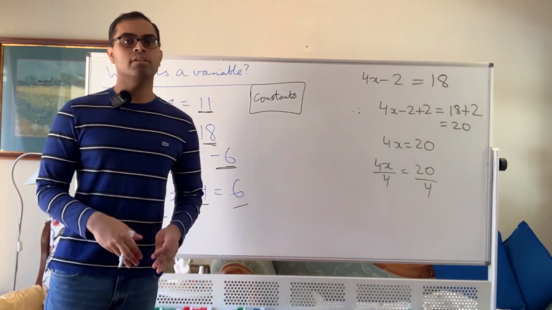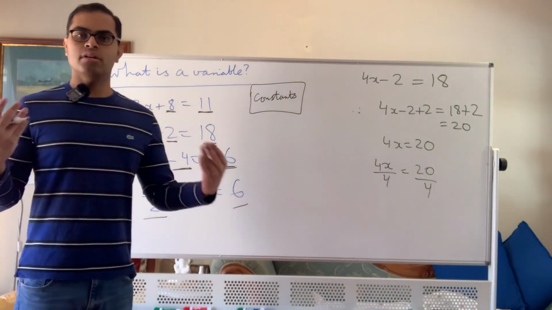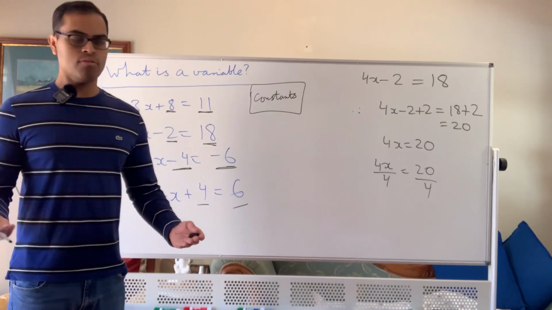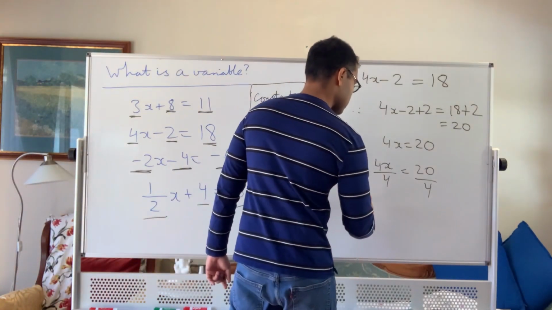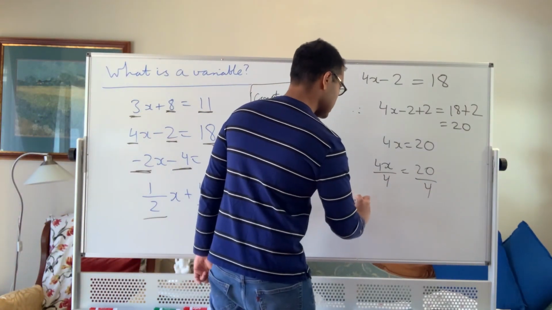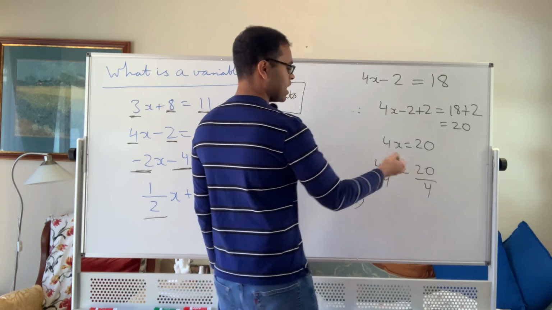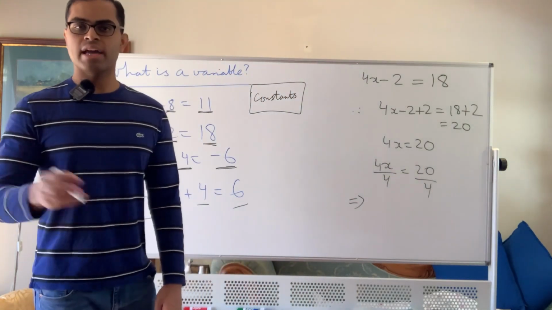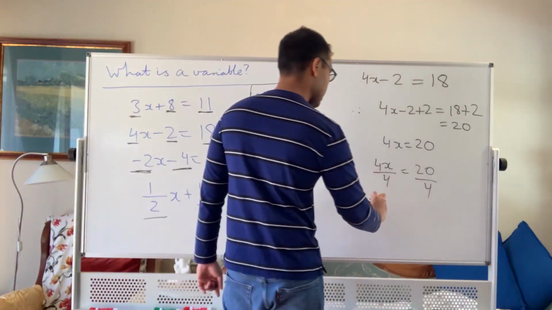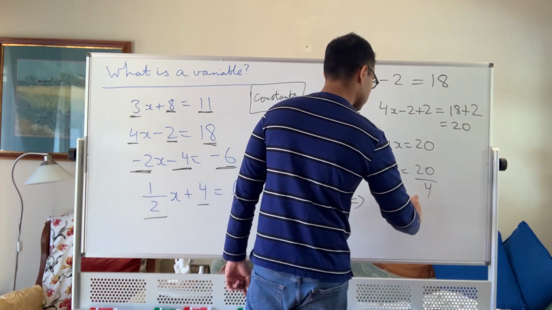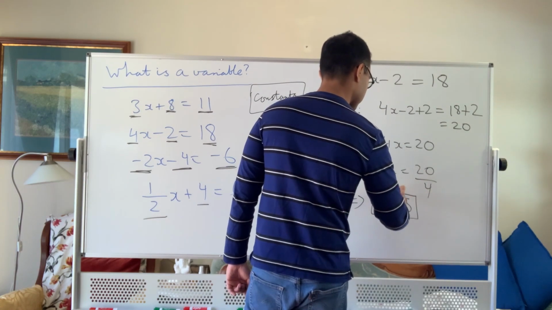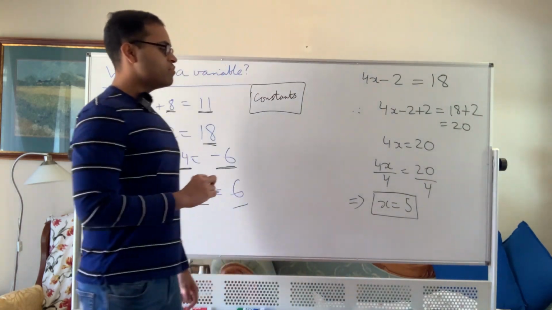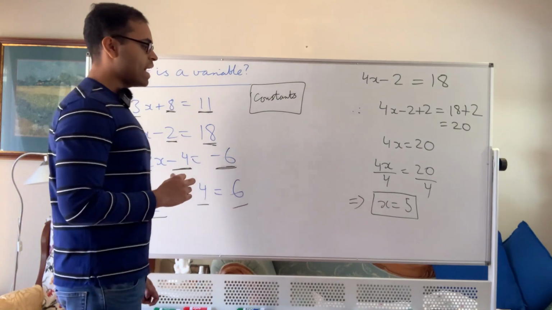Two numbers are equal, you divide them both by 4, you're going to get two numbers that are again equal. So 4x over 4 is 20 over 4, which means that 4 times something over 4, you cancel the 4 from top and bottom, and you get x is equal to 5. So 20 over 4 is 5. That's the answer there, x is 5.